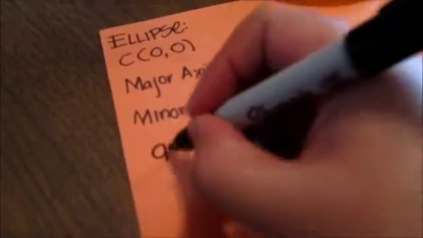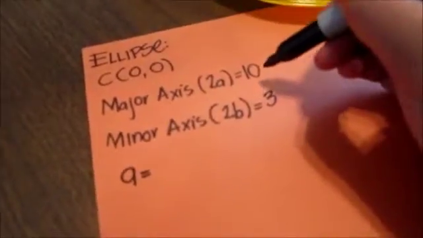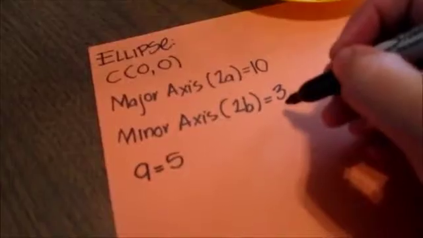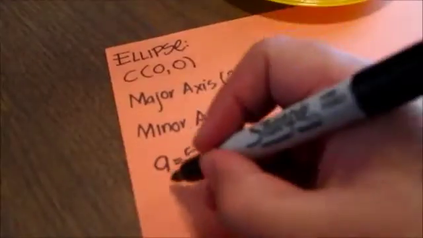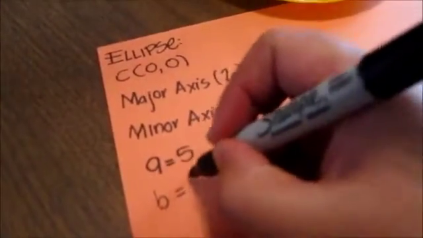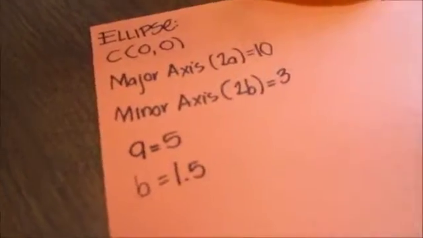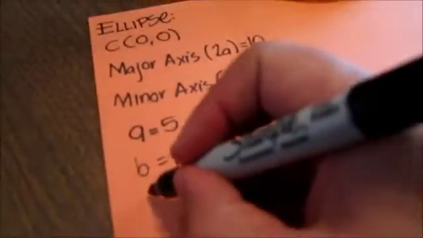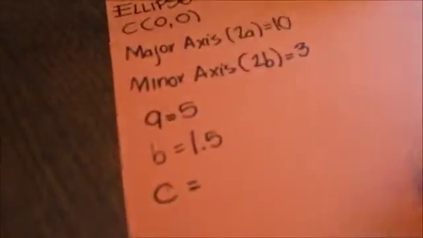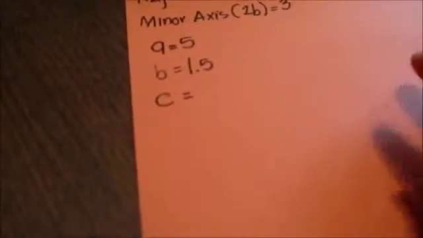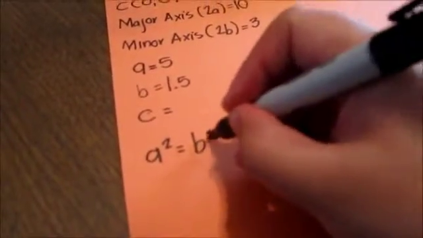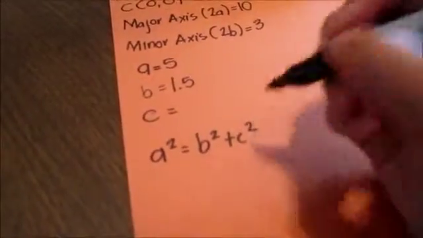So the a for this one is going to be 10 divided by 2, which is 5, and the b is going to be 3 divided by 2, which is 1.5. And yes, we are going to use some decimals. The c value is the one that I need to get, and for that I need to use the condition that you already know: a squared equals b squared plus c squared.